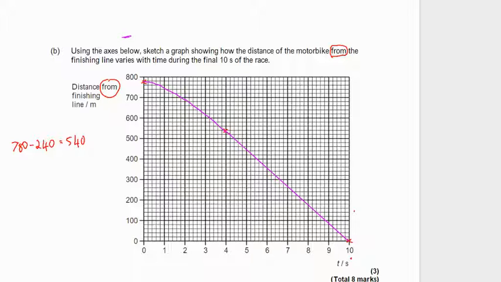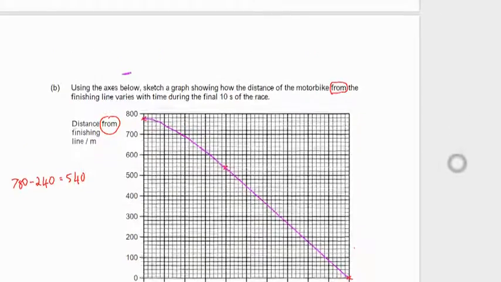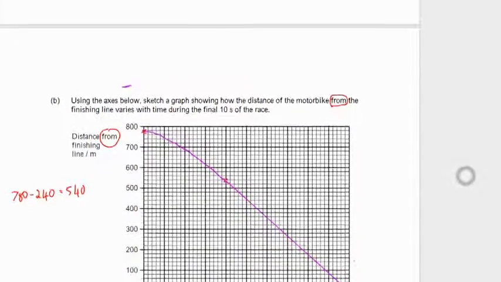But it says use the axis below to sketch the graph showing how the distance of the motorbike from the finish line varies with the time during the final 10 seconds of the race. So the distance that is measured is from the finishing line.